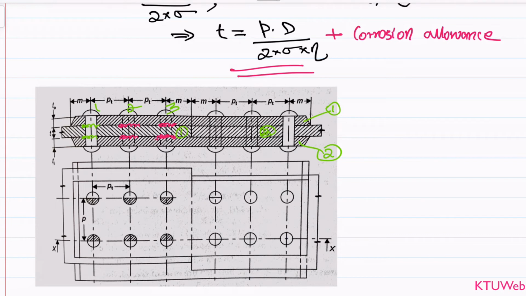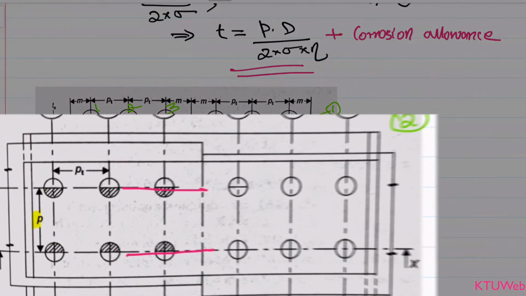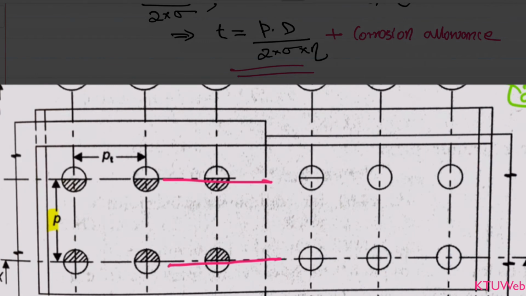Then the number of rivets per pitch is another thing. When we take a pitch line, the pitch is marked here, and we take the rivets in between these two pitch lines, as marked in this figure. You can have a half rivet here and the remaining half on the other side, and similarly for the other parts. So we have rivet number 1, rivet number 2, rivet number 3, and half plus half gives an entire rivet.